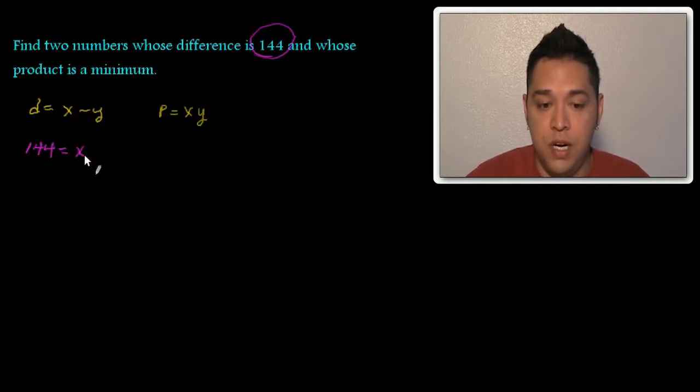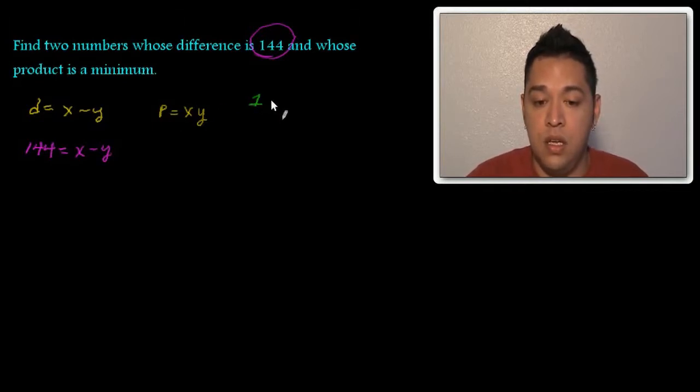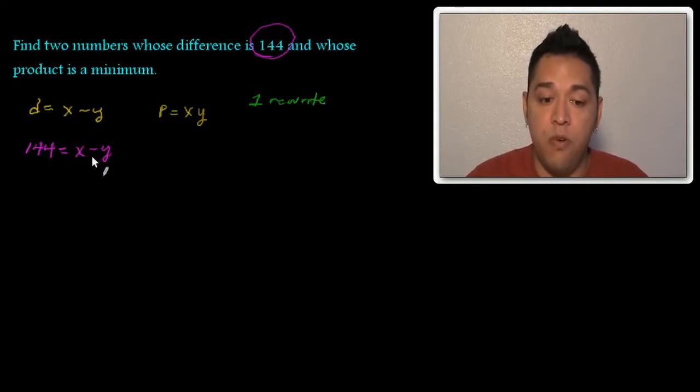In other words, if I subtract x minus y, I should get a difference of 144. That lets you know two things. One is you need to rewrite this formula in terms of one of the variables.